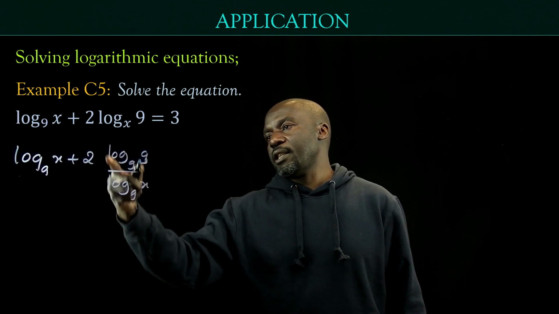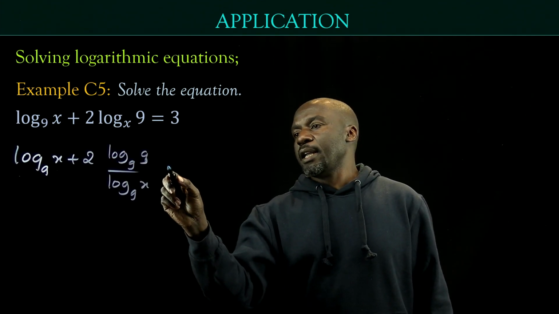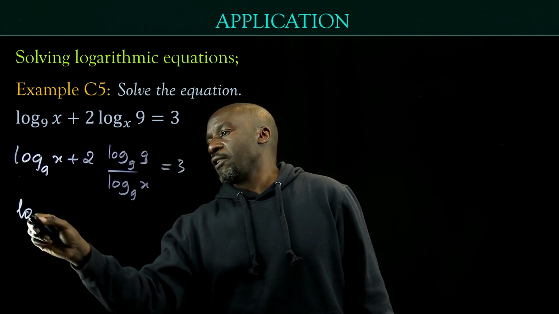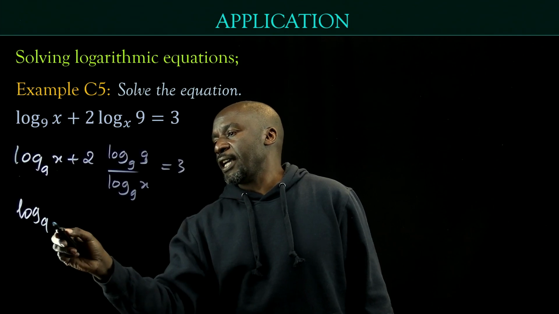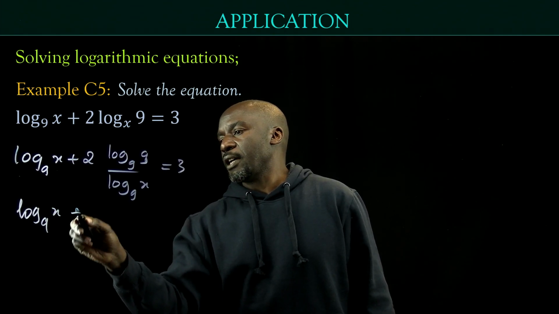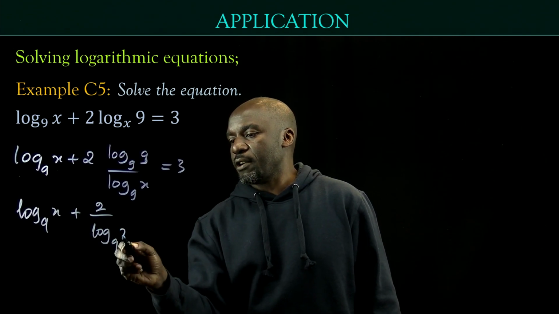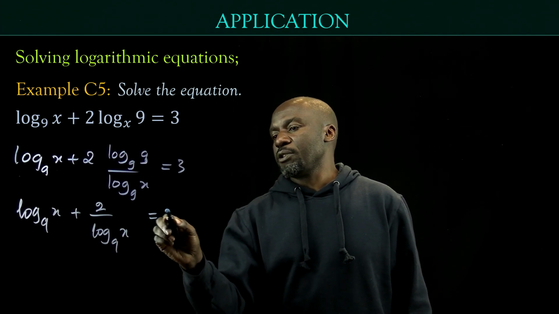This is 1, and everything equals 3, so I can write this as log to base 9 of x plus 2 over log to base 9 of x equals 3.